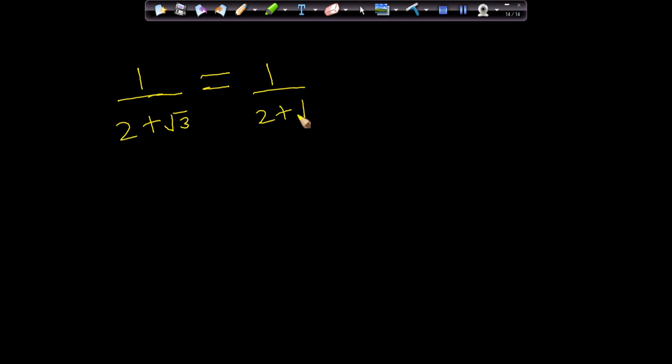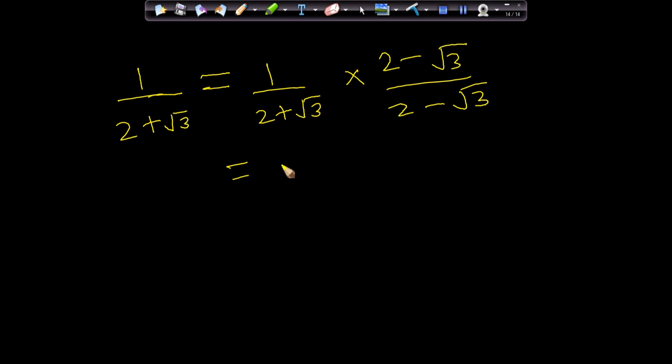What we do is we multiply numerator and denominator by 2 minus root 3. It's the conjugate number. This is also called its conjugate.